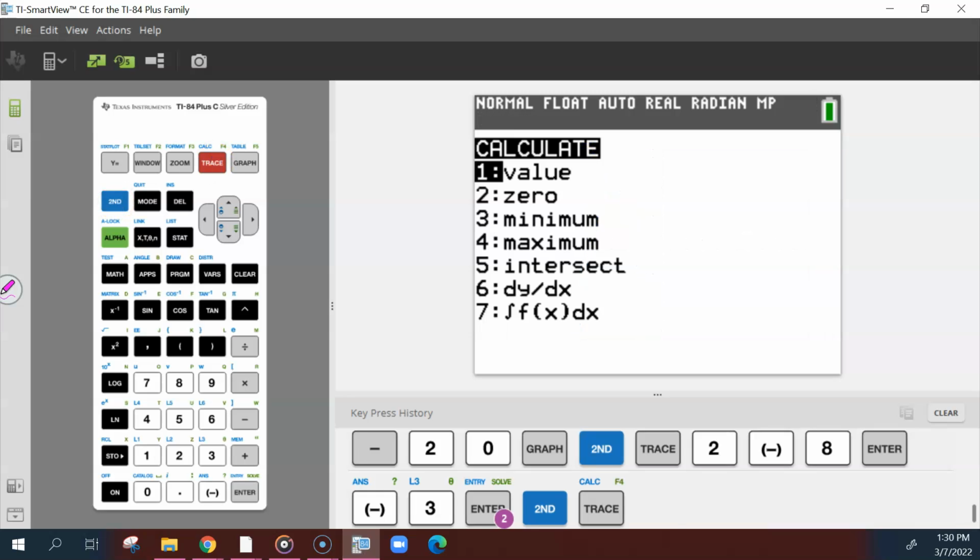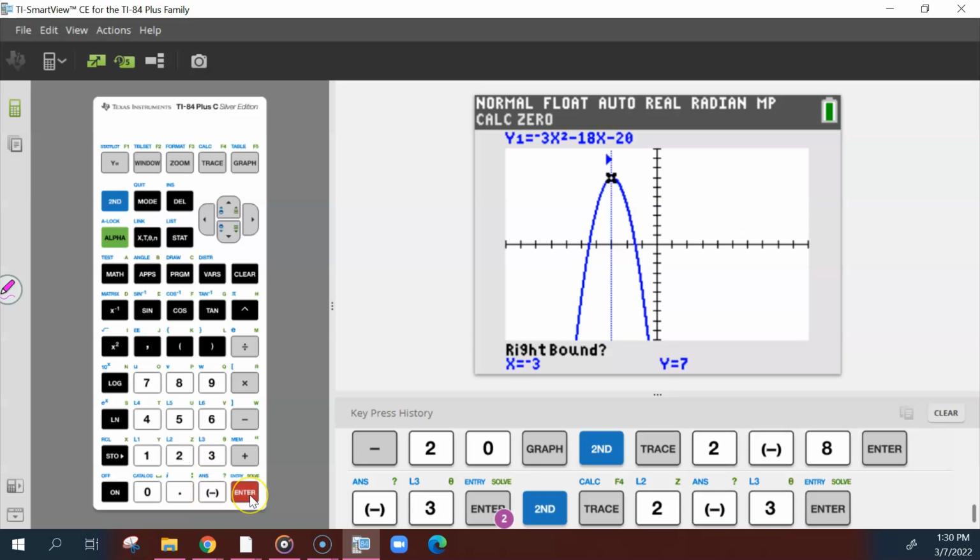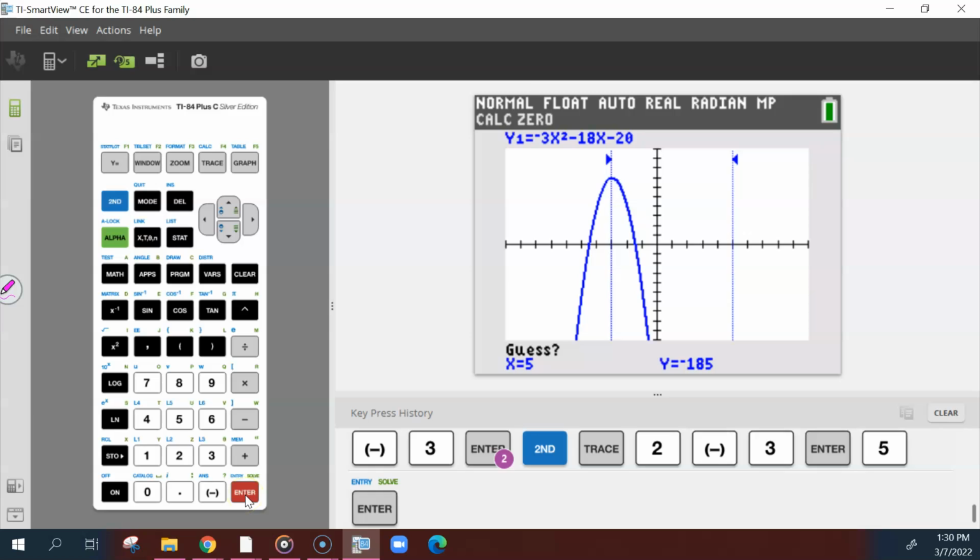Second trace, find your 0. I'm going to use negative 3 again, and then some number to the right. I have boundary lines, hit enter, negative 1.47.